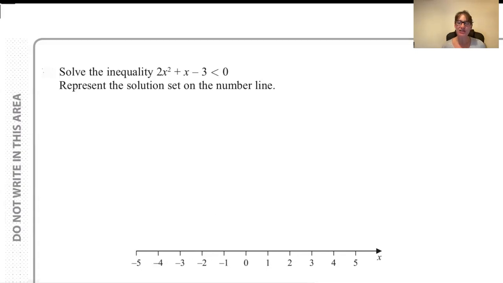Okay, so if this question was very unfamiliar and you got stuck quite quickly, I would encourage you to have another go, but this time I want you to not worry about the number line, not worry about the fact that it's an inequality, and actually concentrate on the section that you are more likely to be confident in.